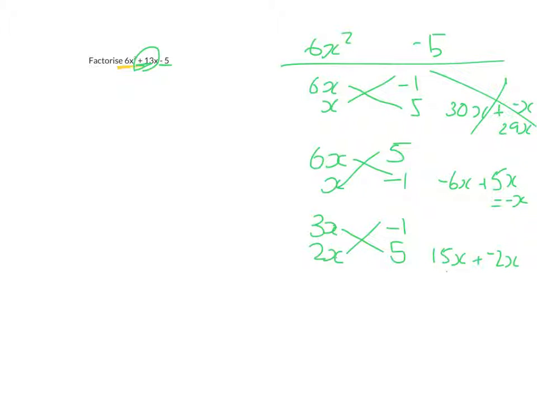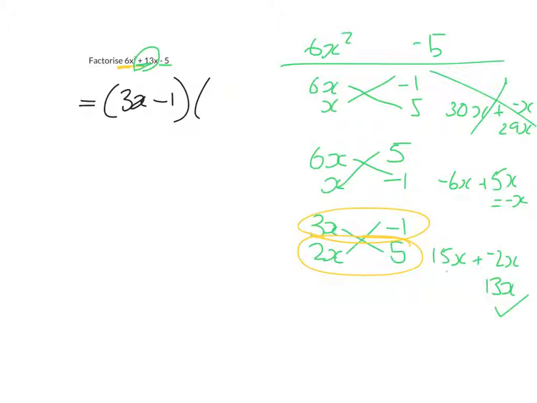So 15x plus negative 2x is 13x. And that is the middle term that we're looking for. So this is correct, which means that these are our two brackets. So the answer to this question is 3x minus 1 and 2x plus 5.